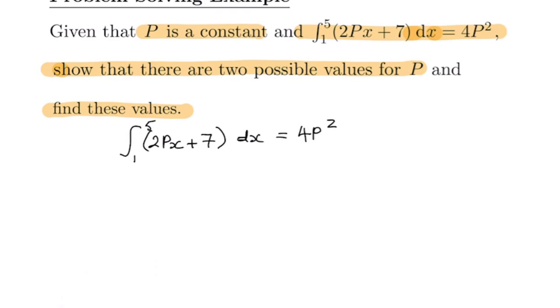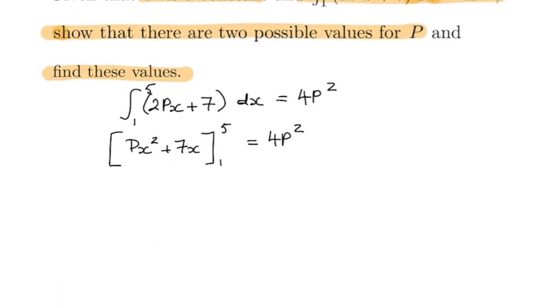The function we're integrating is in the right form, so we're going to go into a square bracket, and if we integrate 2px, add 1 to the power and divide by the new power, we're going to get px squared. Remember, this is power 1, so you get power 2 divided by 2, and the two 2's cancel, and 7 becomes 7x, and that's between the limits of 1 and 5, and we know that equals 4p squared.